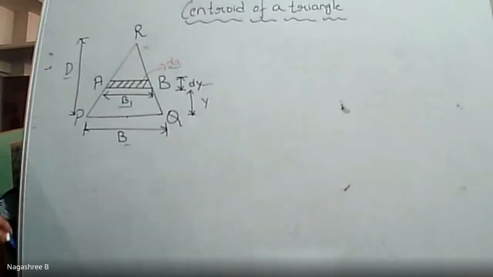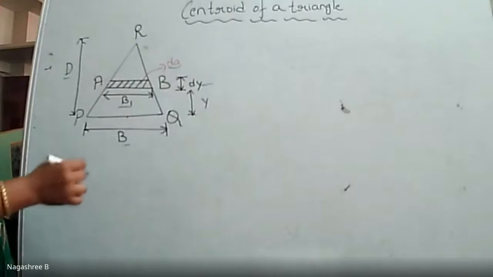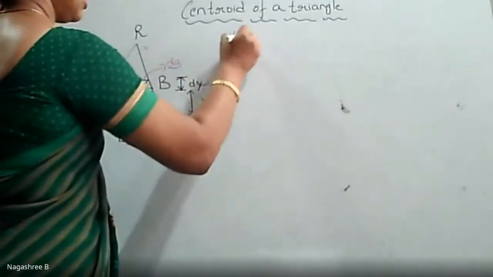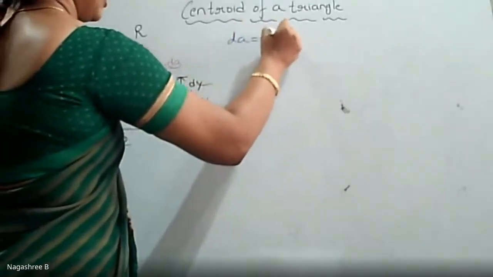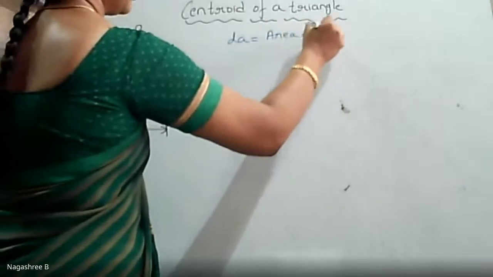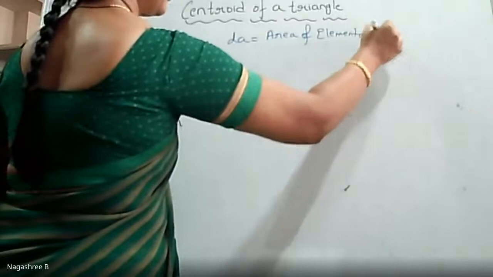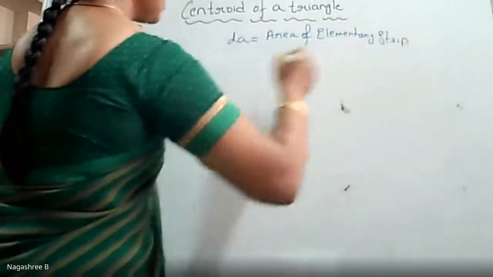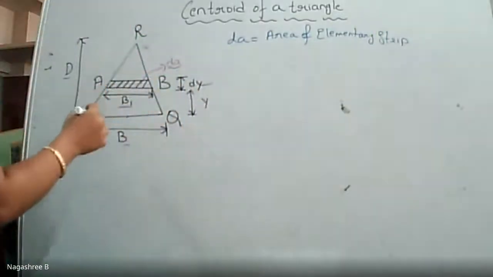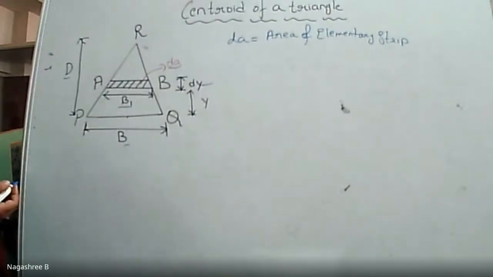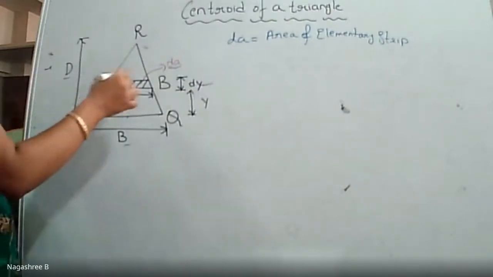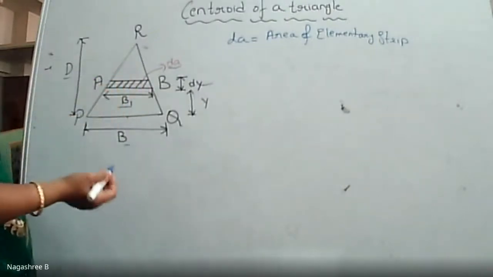I'm going to consider the area of the elementary strip as dA. As I know, dA is the area of the elementary strip, which is in the form of a rectangular shape.